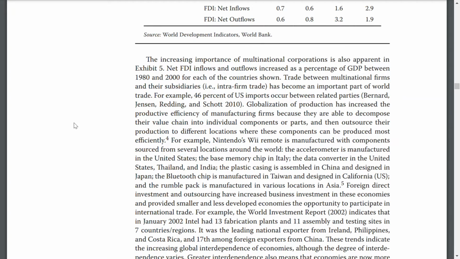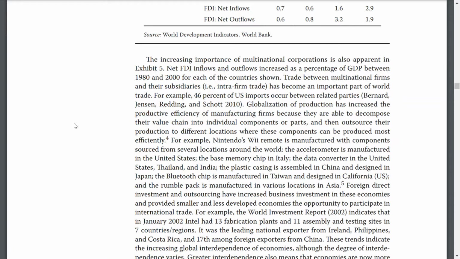Globalization of production has increased the productive efficiency of manufacturing firms because they are able to decompose their value chains into individual components or parts and then outsource their production to different locations where they can produce more efficiently. Therefore, Nintendo's Wii remote is manufactured with components sourced from several locations in the world. The accelerator is manufactured in the United States, the memory chip in Italy, the data converter in the United States, Thailand, and India.